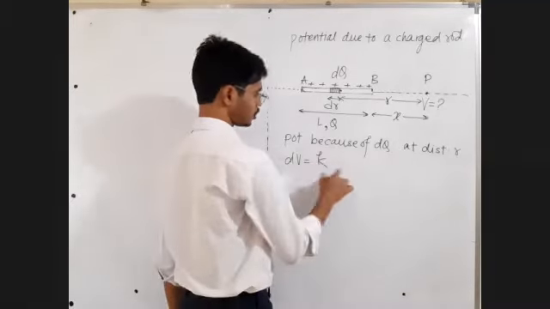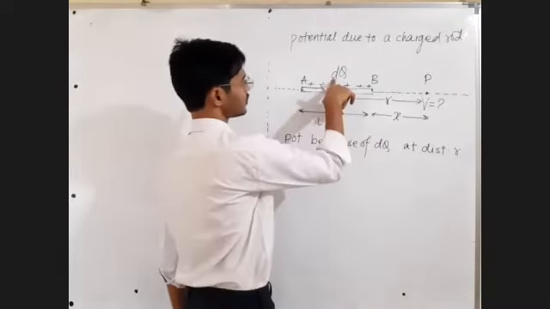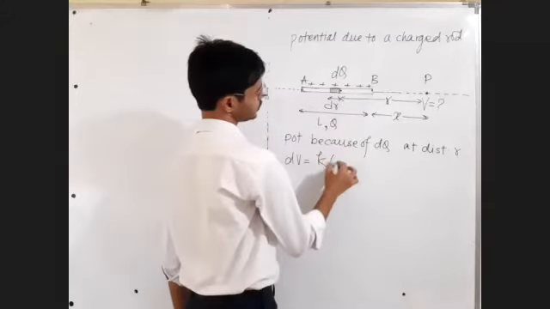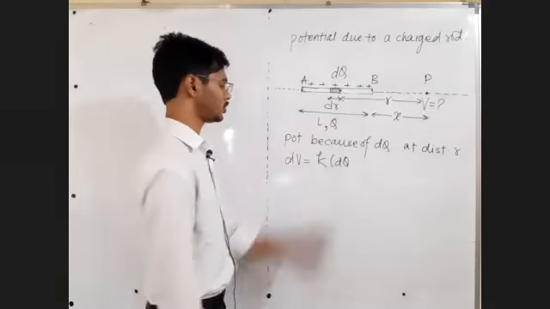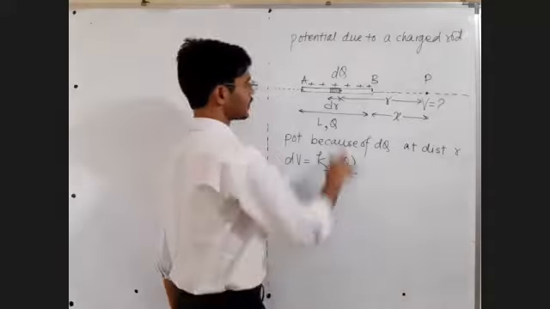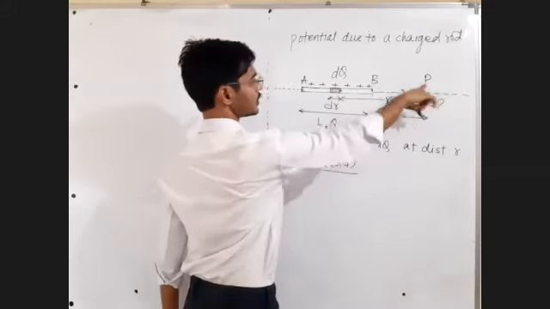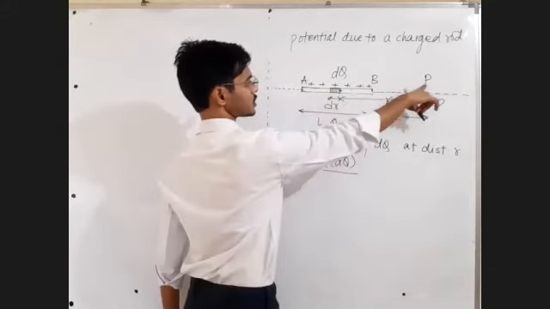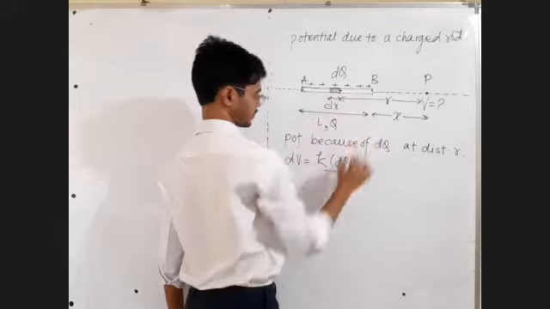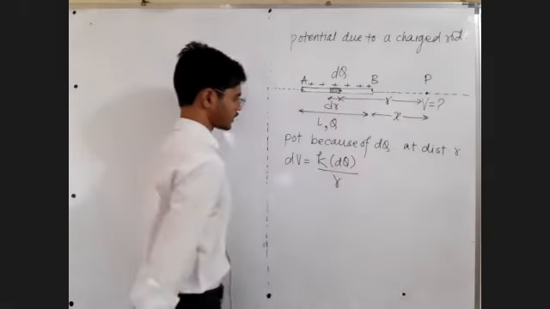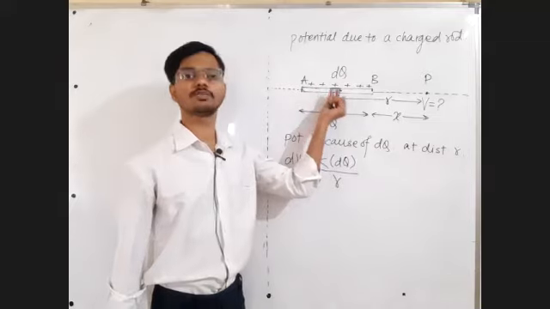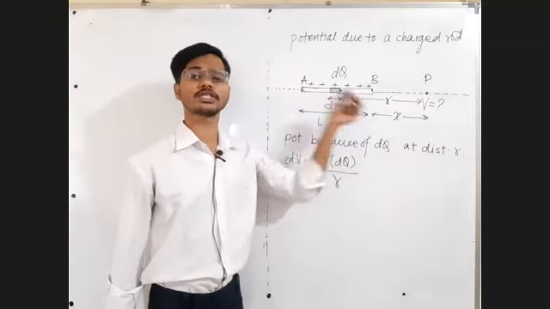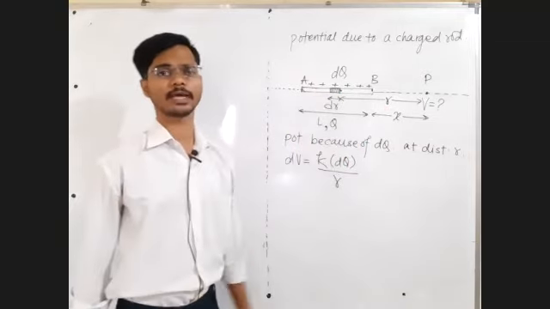Q is what, sir? Q is dq. Q is small point charge dq. The point charge formula is kq upon r. Point charge is what? dq. K into dq upon distance of given point P from the given charge. Distance of given point from the given charge is r. kdq upon r. Okay, sir. Now, potentials because of all such point charges are to be added. Yes, no, reply in the chat box.